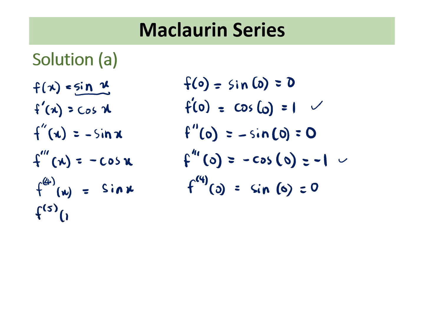And the fifth derivative is equal to cos x. Okay, now we have the first three non-zero terms.